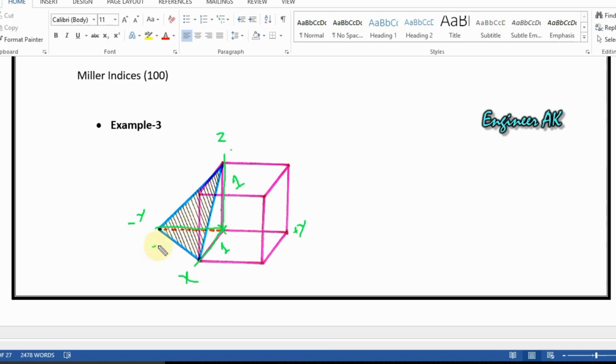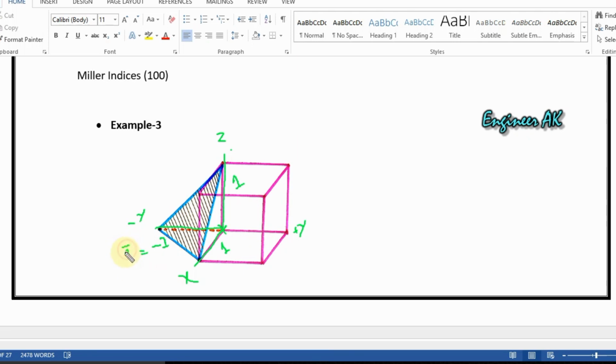So now the plane is here, so if I move from here to here, it is cutting at -1. At the x-axis at 1, at the y-axis -1, and at the z-axis 1. You can either write -1, or it is also represented by 1 and a bar on it.